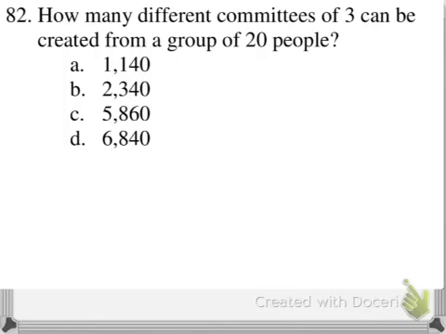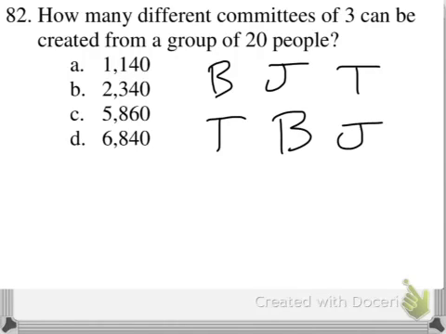If we have a committee of 3 people, does it matter the order that I pick them in? So if I pick Bill, Jane, and Timmy, does it matter if I picked them in this order, or if I picked Timmy first and then Bill and Jane? Or are they the same committee? Well, they still are the same committee.